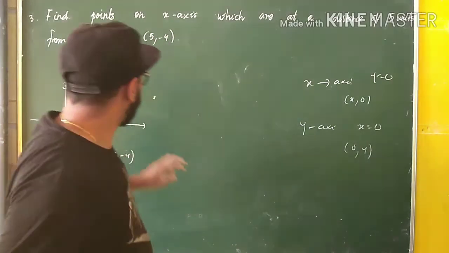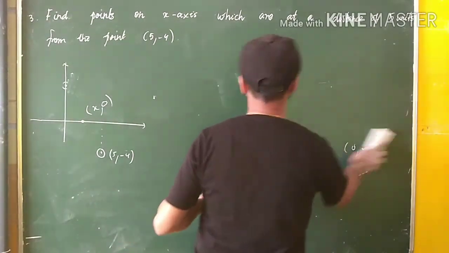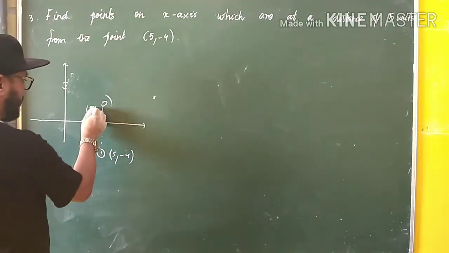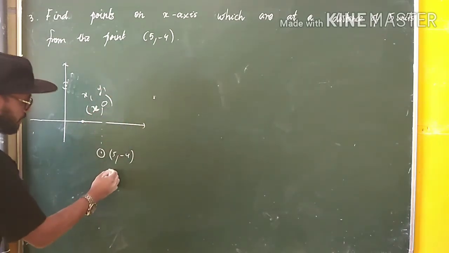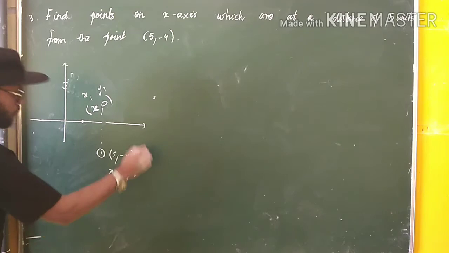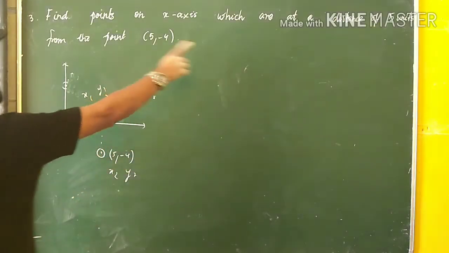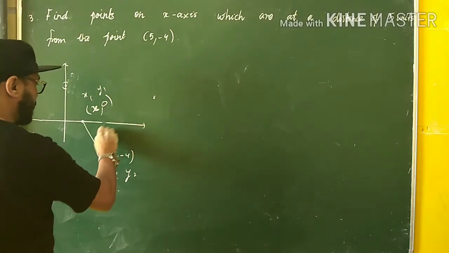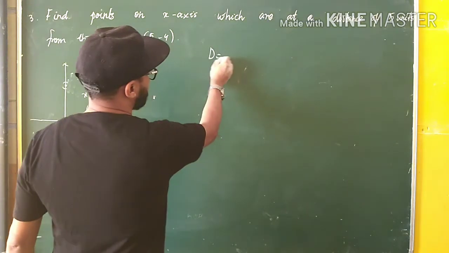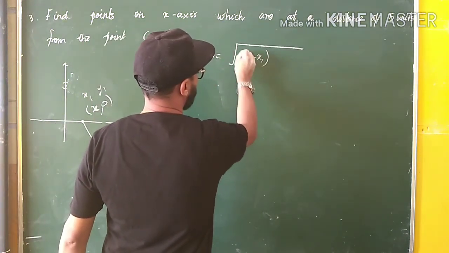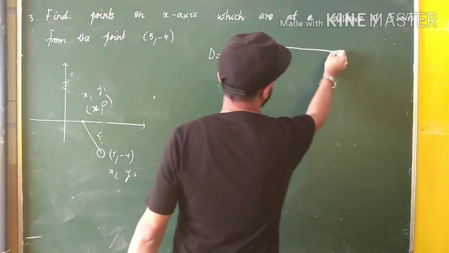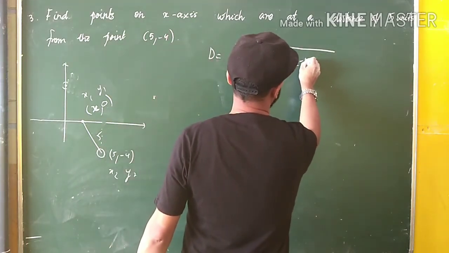Now in this question, the point lies on the x-axis, so y is 0. Let us take this as x1, y1, and let us take this as x2 and y2. The distance between them is 5 units. Now we know that d is equal to root under (x2 minus x1) whole square plus (y2 minus y1) whole square.